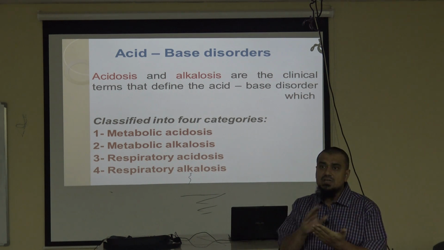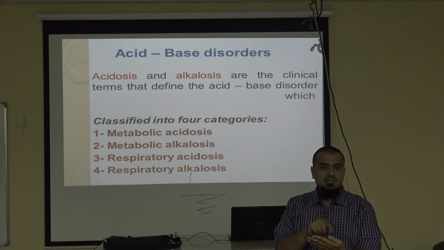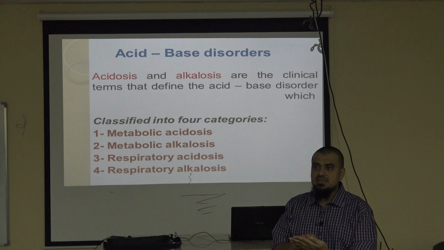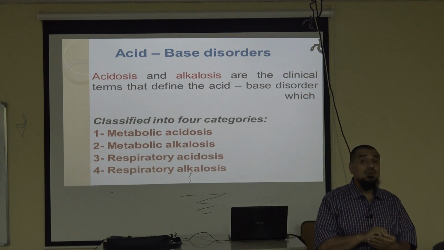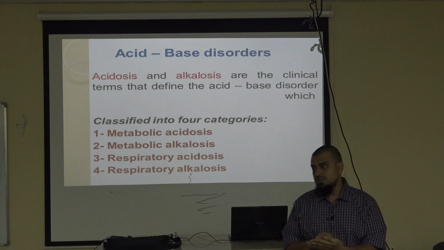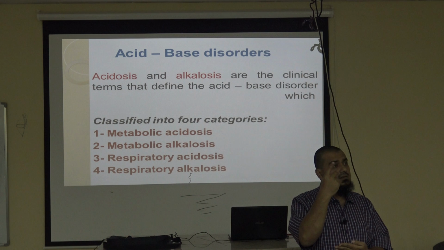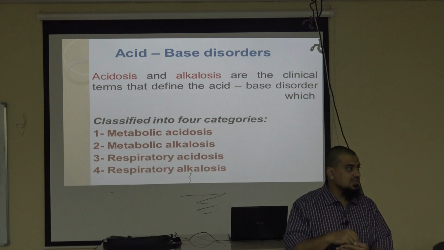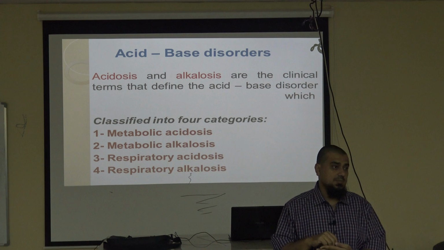So the first thing we see in the ABG is pH, and we find the pH drops. So we say this is acidosis. Now we need to see what is the cause of this acidosis. Clear? So we will see the value of carbon dioxide and we will see the value of bicarbonate.